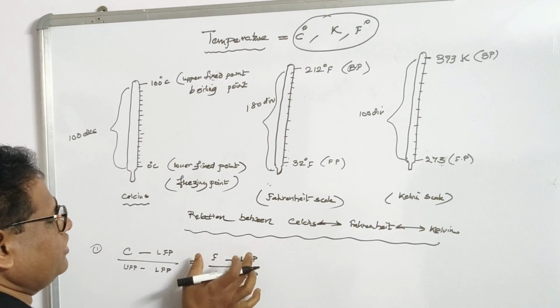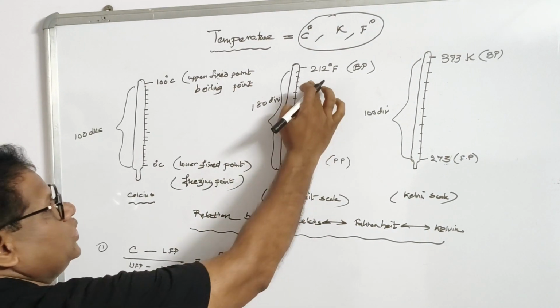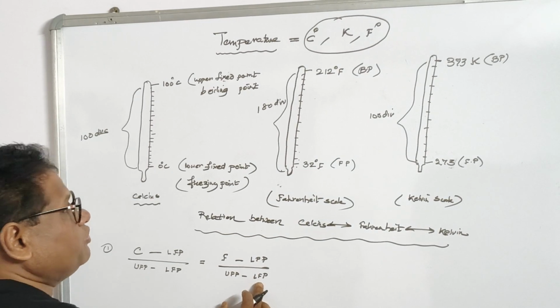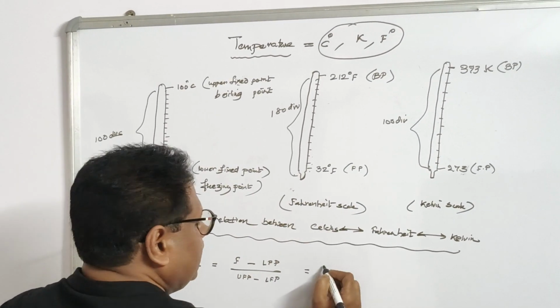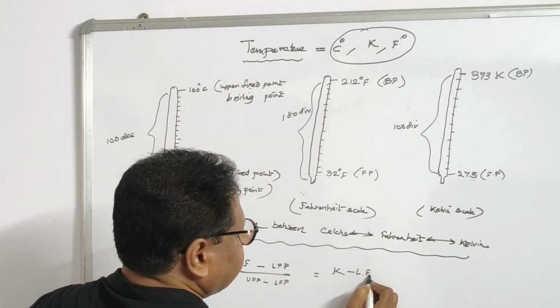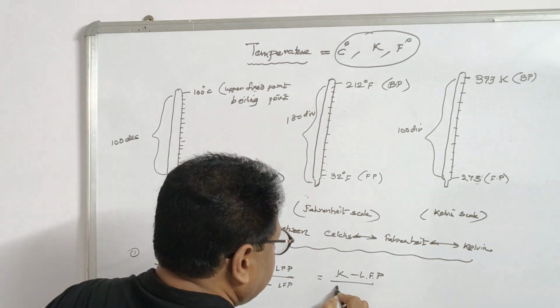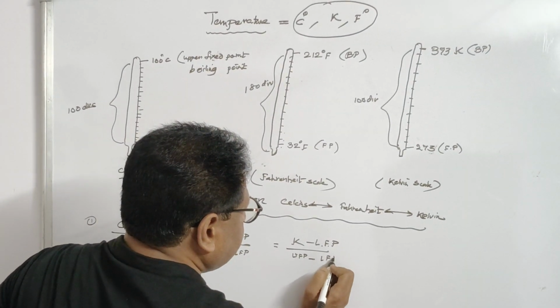All these parameters are for this particular scale. When we talk of upper fixed point, this is 212, lower fixed point 32, like that, equals a temperature in Kelvin minus lower fixed point by upper fixed point minus lower fixed point, okay?